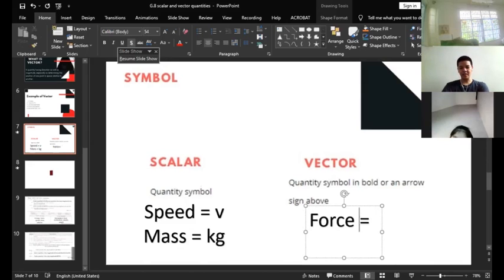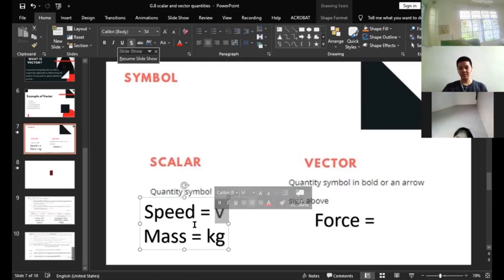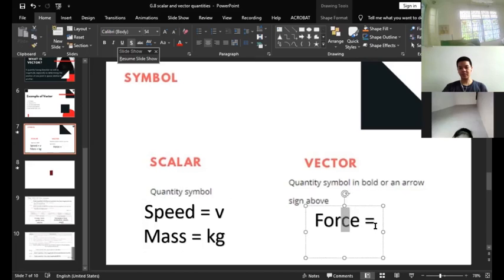Quantity symbol. For example, for speed, it's V, right? For mass, it's kg. How about for force? For force it's F.